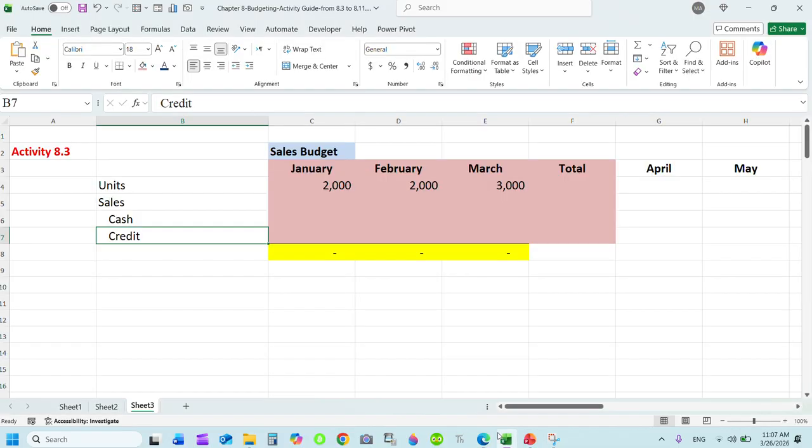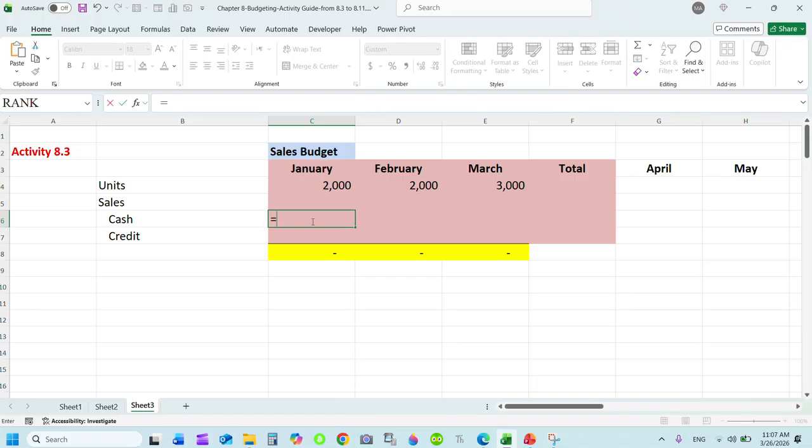So we can accordingly find out the cash sales. Cash sales is equal to how much? It is said 20% cash sales. That means the number of units you sell multiplied by 20%, I put 0.2, multiplied by the cash selling price of 600.